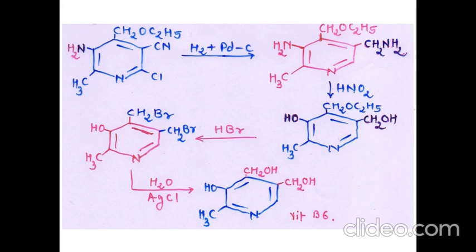Further, CH2OH will also be converted into CH2Br, friends. And finally, in the presence of an aqueous medium, when you allow it to react with silver chloride, both CH2Br groups will be converted into CH2OH, CH2OH, and we are getting vitamin B6, friends.